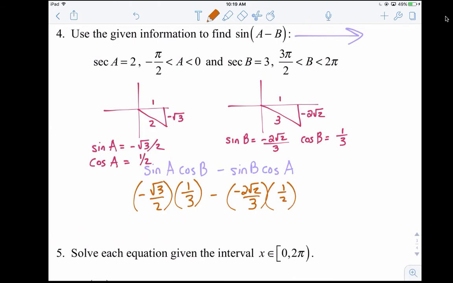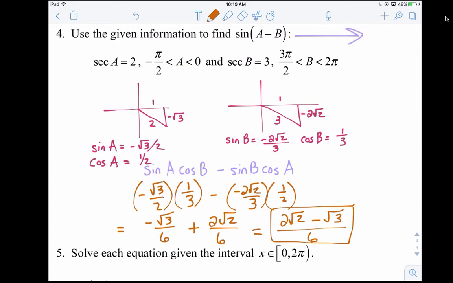Then you're just simplifying from there. That gives you negative root 3 over 6 plus 2 root 2 over 6. So your final answer would be 2 root 2 minus root 3 over 6. You could have it the other way as well, negative root 3 plus 2 root 2 over 6. That's perfectly acceptable as well.